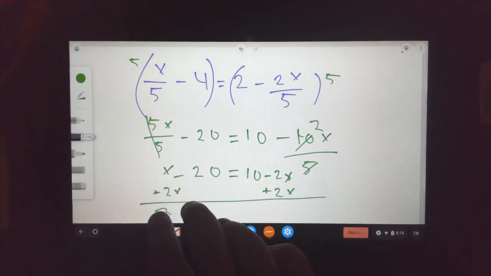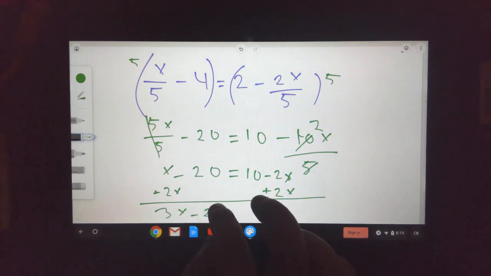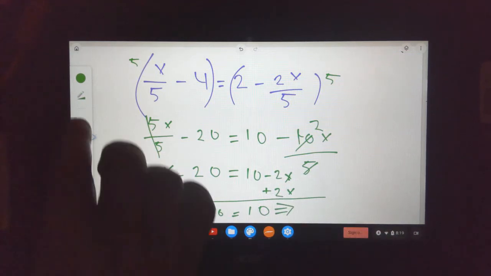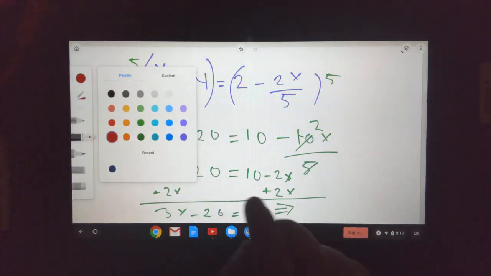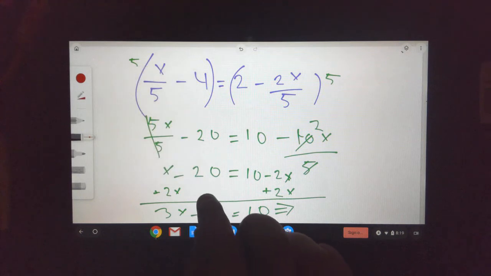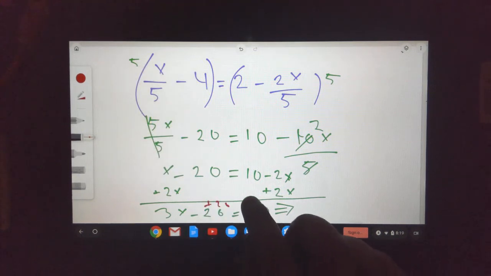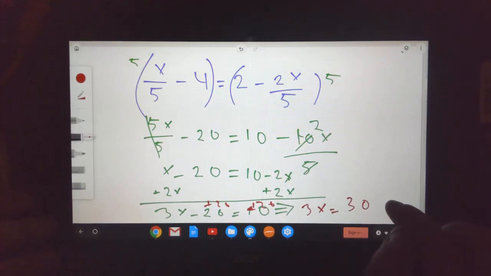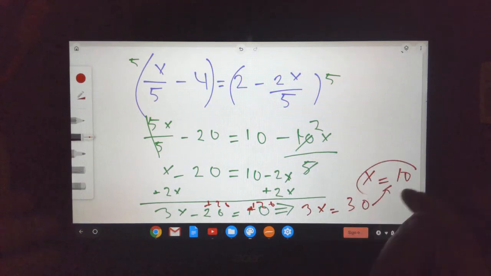And you will end up with 3x minus 20 equals 10. Well, from here, if I add 20 to each side, I'm going to end up with 3x equals 30, which then will give me x equals 10.